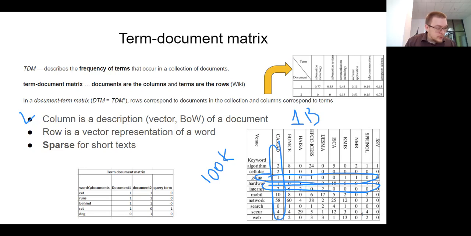Unfortunately, this set of words is from the same topic, so in this example it's not easy to show. But here, for example, you have cat in both documents, rat in one document, and dog in the other. So rat and dog don't correlate. There's no correlation between these terms.